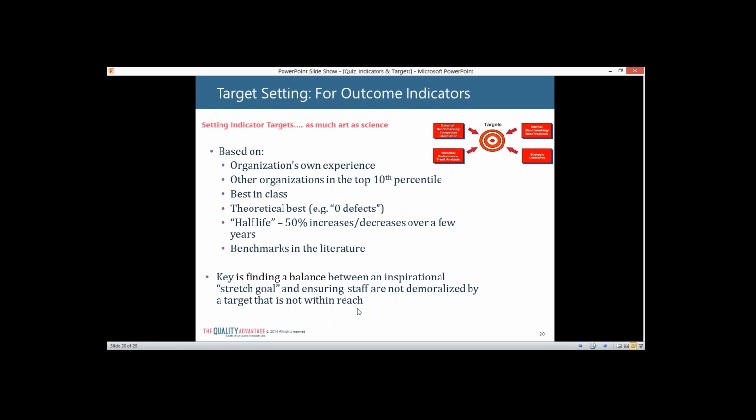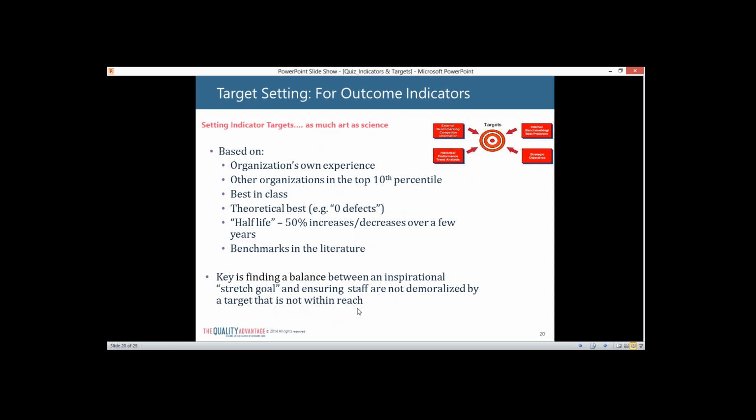So there isn't a lot of science to this, as much art as science, but it's generally based on either the organization's own experience. So based on setting targets and reviewing results, what is the organization's experience in terms of ability to make improvement on outcome measures? What percentage increase or decrease in general have you been able to accomplish?